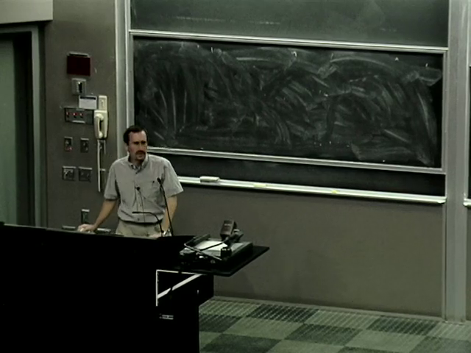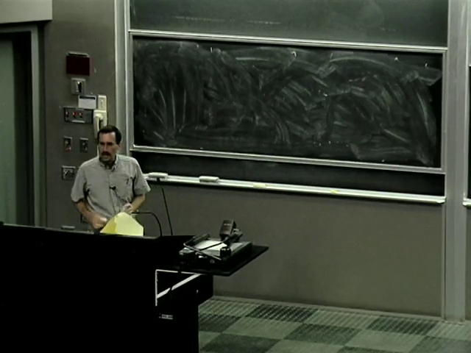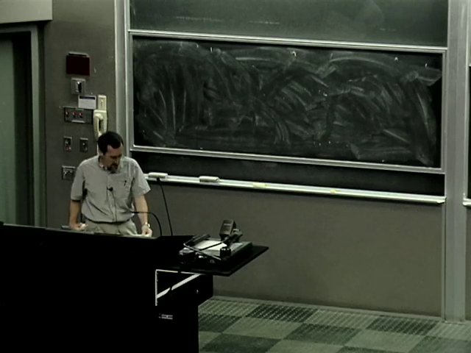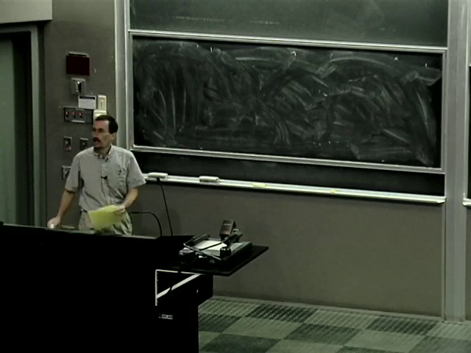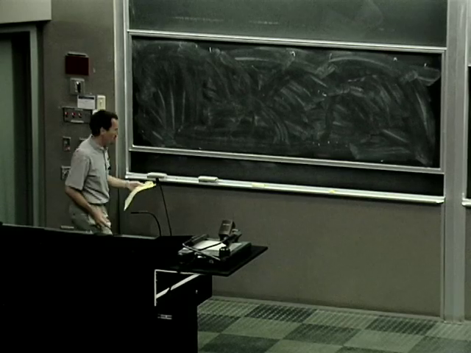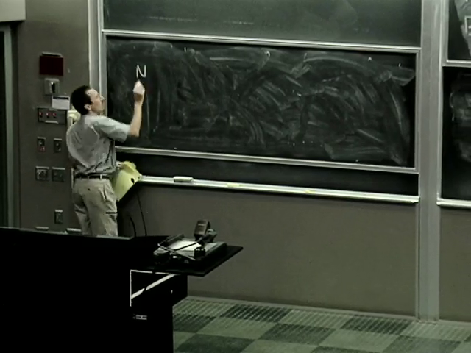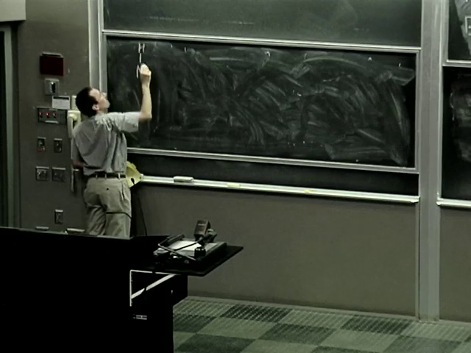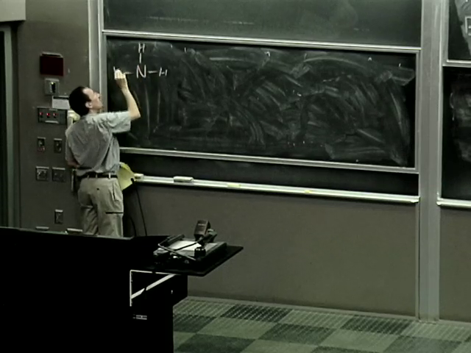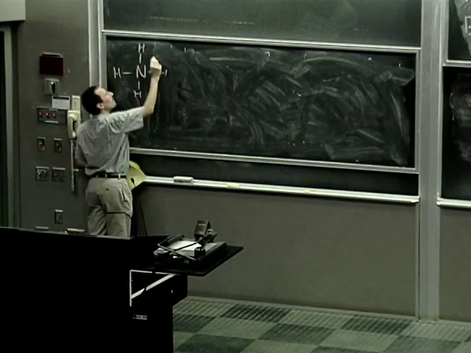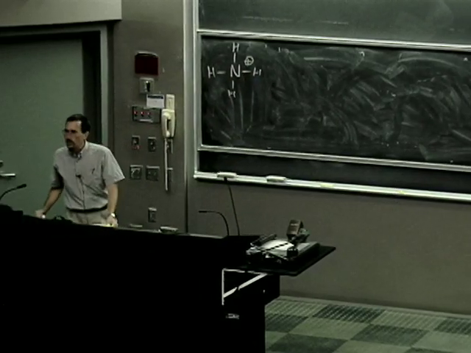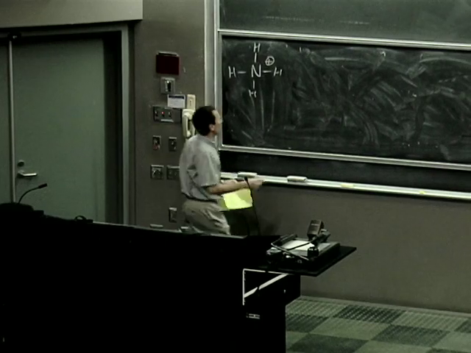Let's try another example. And again, I'll show the comparison between concepts that we get in general chemistry and concepts that we get in organic chemistry. Let's take the ammonium ion, NH4+. And we'll allow it to react with the hydroxide anion.